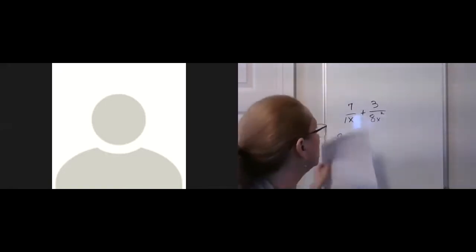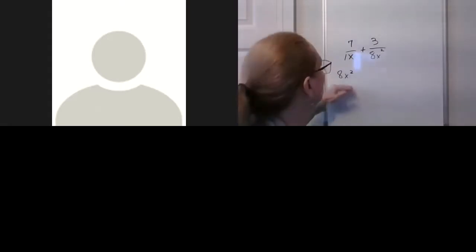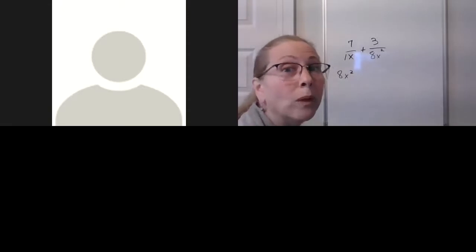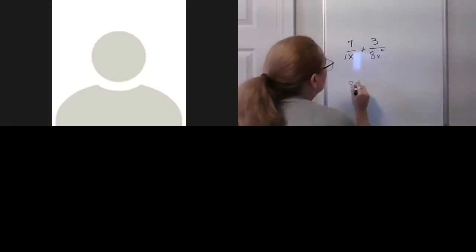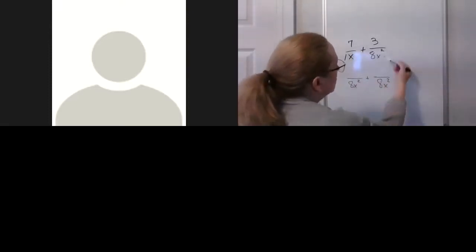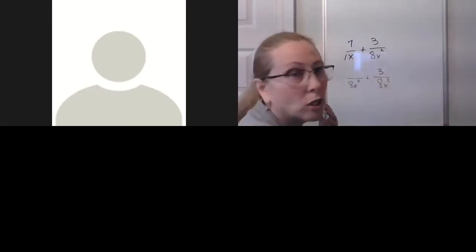So in order to perform the indicated operation, keep in mind, for section 8.4, we were not multiplying by an LCD. We were rewriting expressions, so 8x squared for both of these. Since this one is already 8x squared, 3 will be its numerator. It won't change at all.